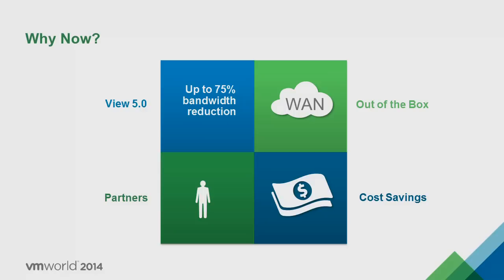Since then, it's been a few years now, and we have customers deploying it, and they're giving us feedback saying, this is great, but can you help us improve the performance out of the box? So what they mean by that is, with PCoIP we've always taken the position that we should use up enough bandwidth to provide the best experience possible.